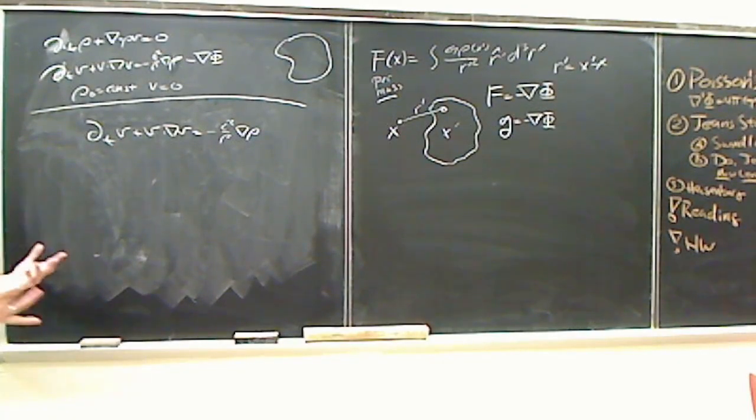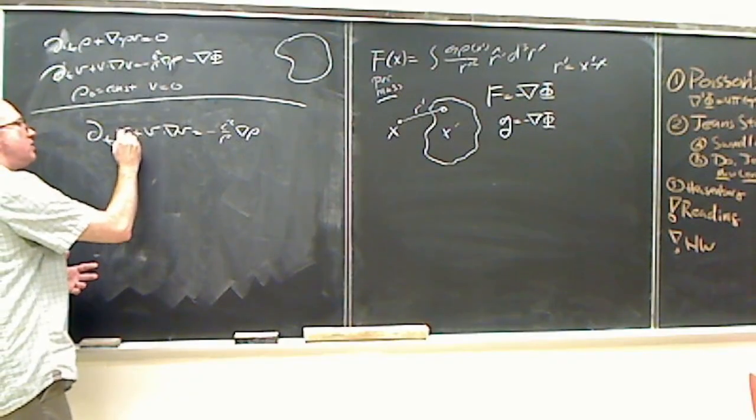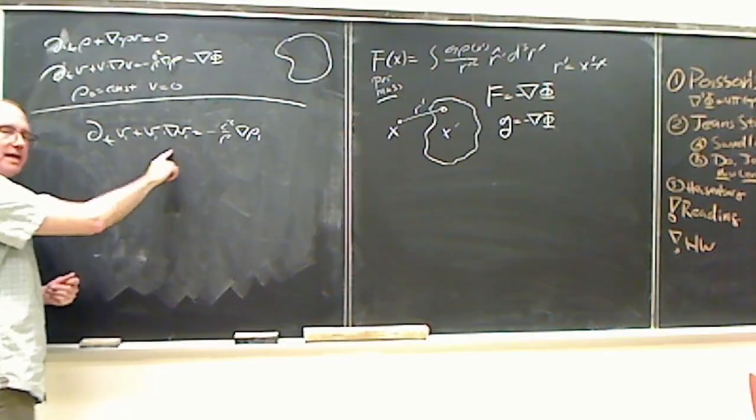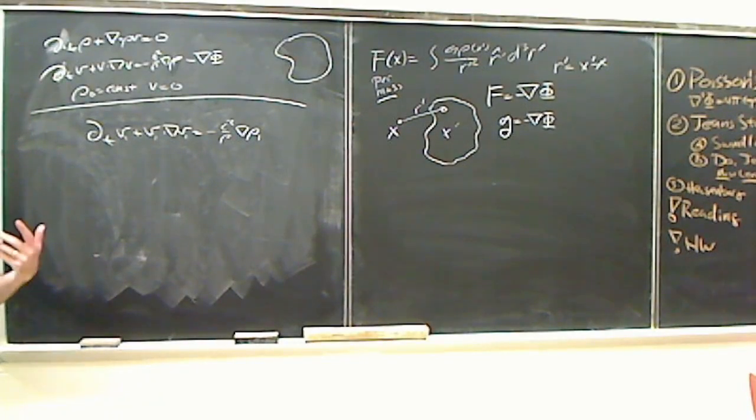So what we do in a lot of these things, and let's call this 1, 1, 1, 1. Now, normally we would throw this out because this is a square term, but let's keep it for a second.